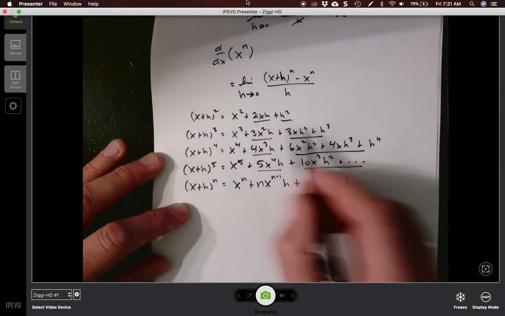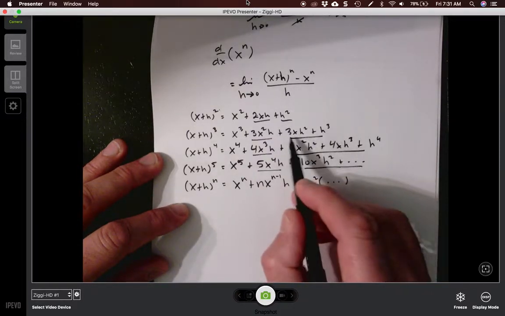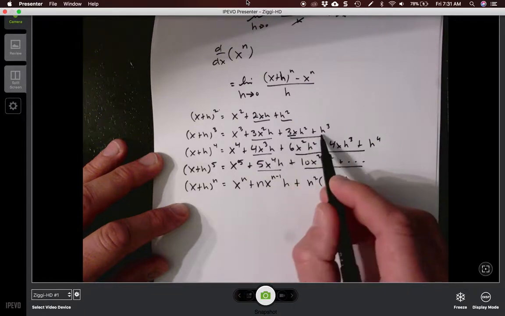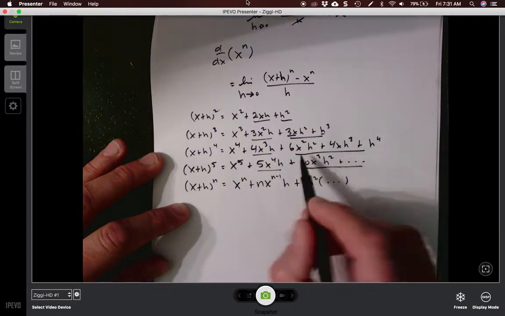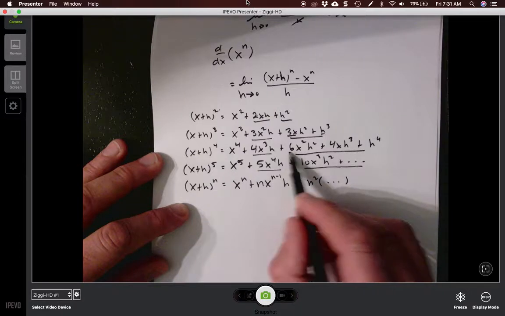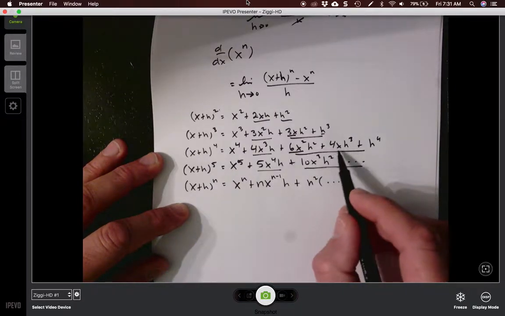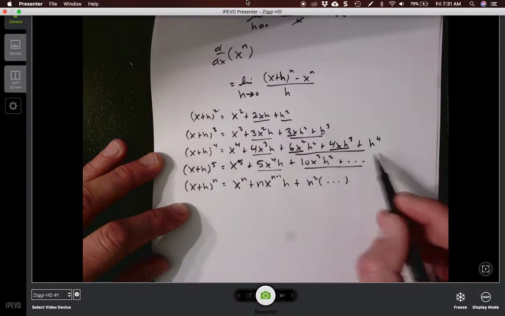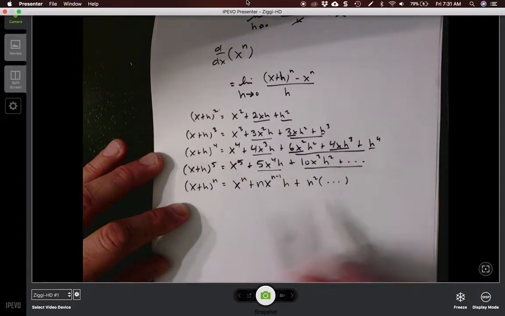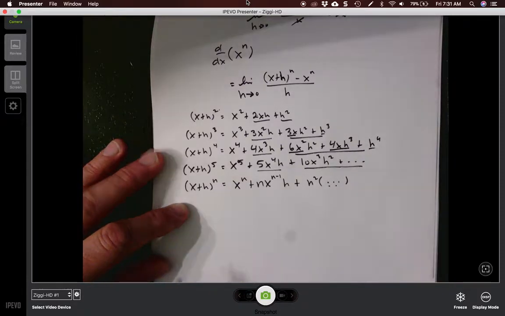For example, if you factor out an h squared here, you're going to be left with 3x and an extra h. If you factor out an h squared here, you're going to be left with 6x squared, you're going to be left with 4xh, and you're going to be left with an h to the third. So there's going to be some extra junk here.